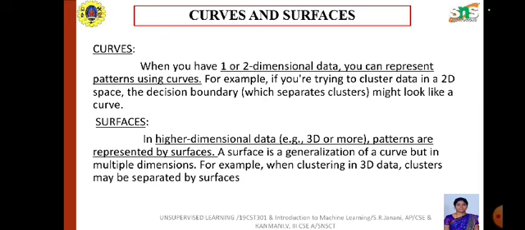For example, when clustering in 3D data, clusters may be separated by surfaces. So in simple terms, we can say one or two-dimensional data can be drawn like a curve, and higher dimensional data like 3D or more than 3D dimensions can be represented by using these surfaces.